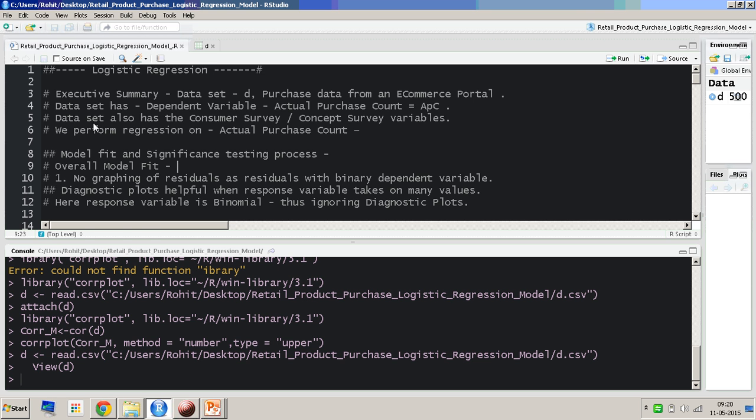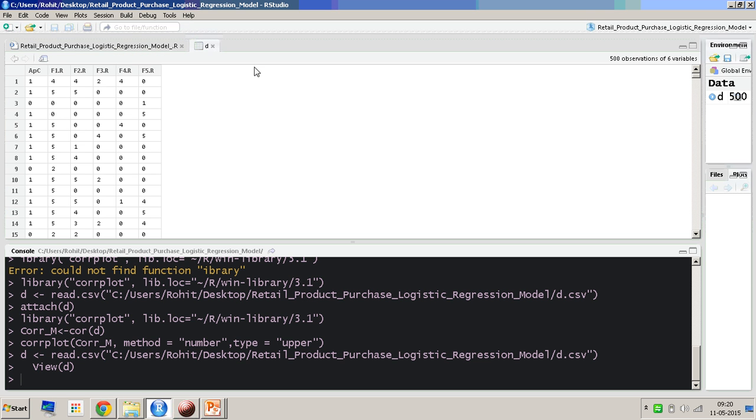Somebody might like a particular feature. As you can see over here, for feature 1, there are different ratings: 4, 5, 0, 0, again 5, 5, 5. These ratings have been given by consumers who were given a consumer survey or a concept survey, and they rated certain features of that product. But that does not necessarily mean that they will buy that particular product.